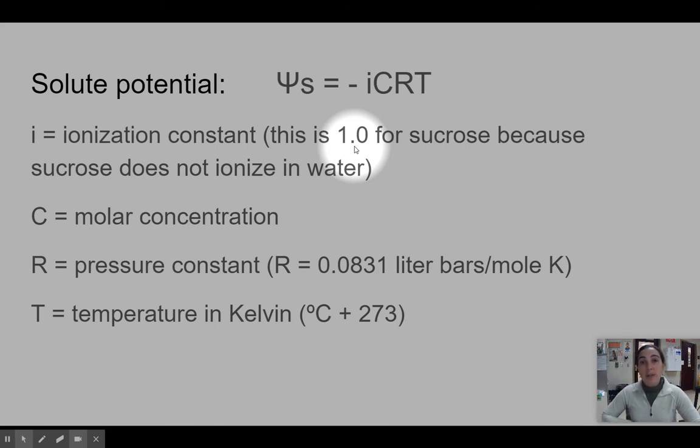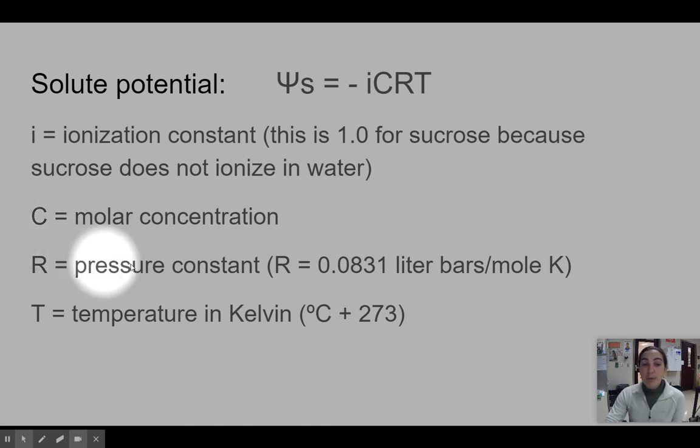So always remember to look at your equation sheet because it tells you that. If it's talking about something other than sucrose, this number will be given to you for that substance. The C stands for the molar concentration. So that's a number that will be given to you in the problem. In our potato lab, you will actually be figuring out the molar concentration of sucrose within your potatoes.